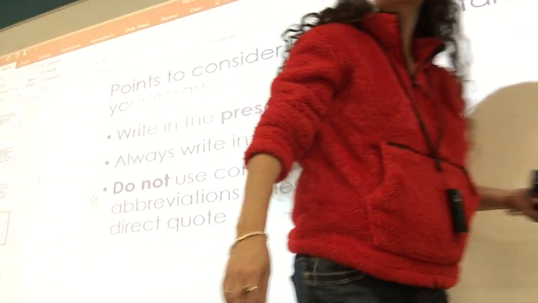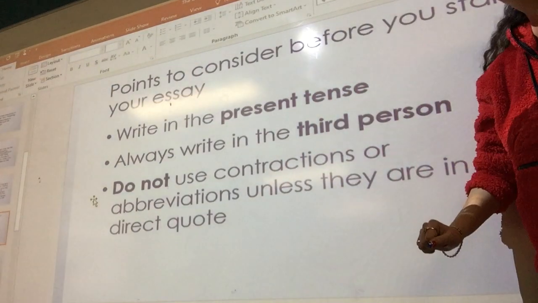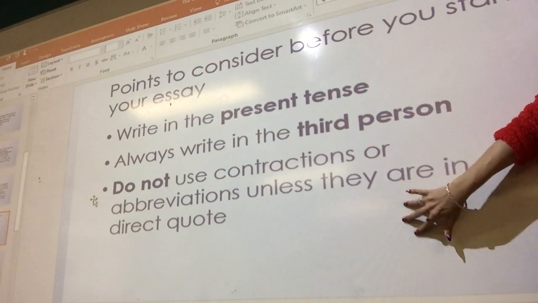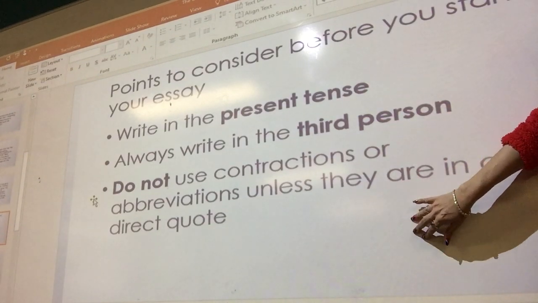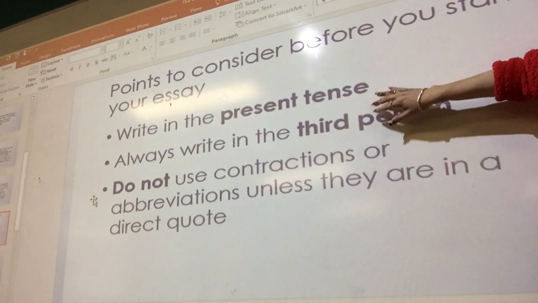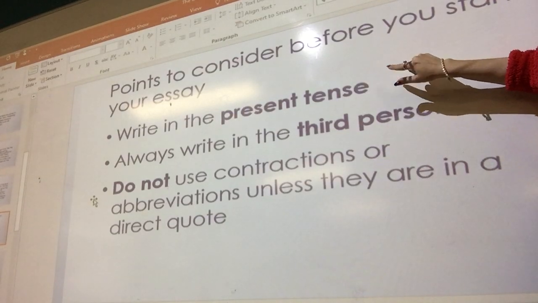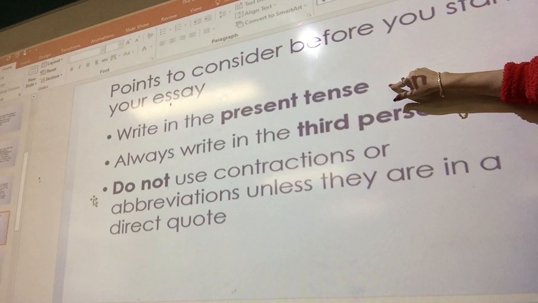We went over some of this yesterday. Before you write your essay, this you do need to write exactly word for word. There are points to consider before you write your essay. Write in the present tense. Y'all don't take notes, it's on you.